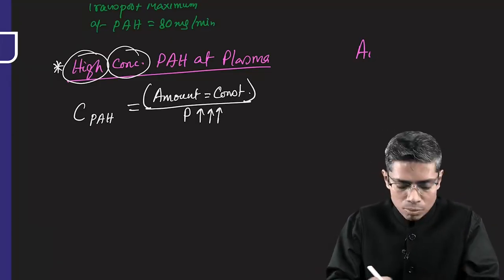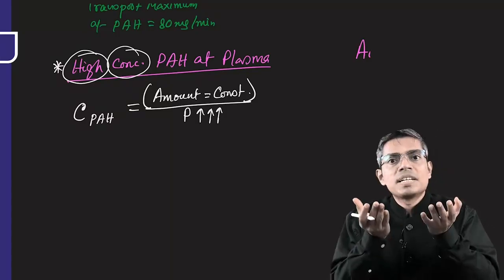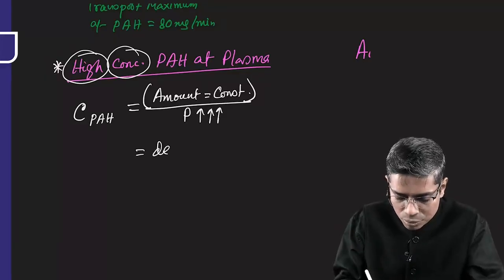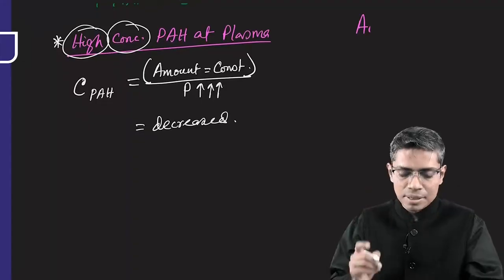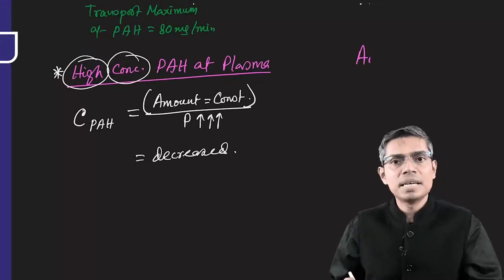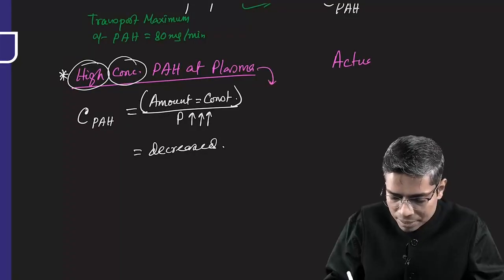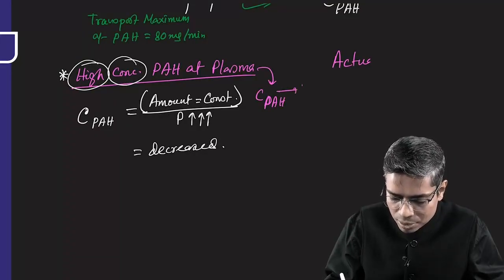So what will happen to this ratio? This ratio is clearance. Your denominator is rising more and more, your numerator is fixed, so the ratio will decrease. That's why we say that whenever the concentration of PAH is very high at the level of plasma, the clearance of PAH will be low.